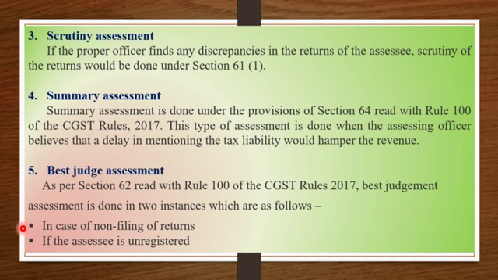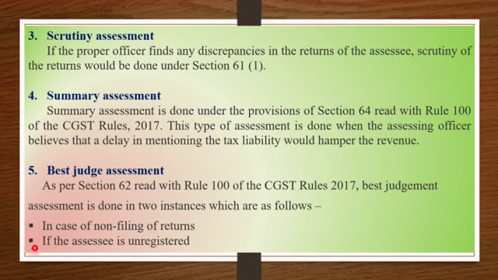This calculation would be done based on the best judgment of the proper officer after taking into consideration the records of the business which the officer can access. The officer would then issue an assessment order within 5 years from the date mentioned under section 44.